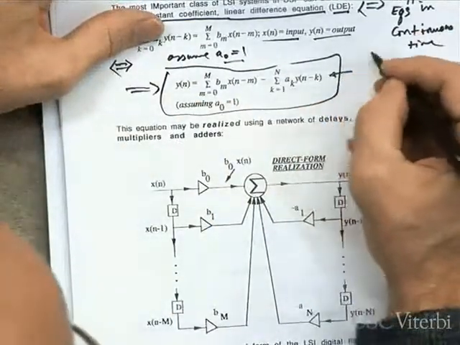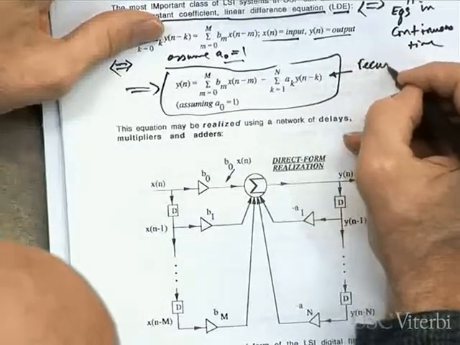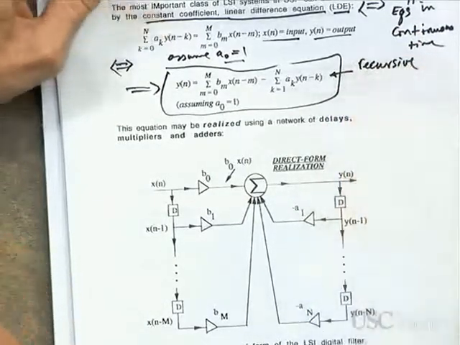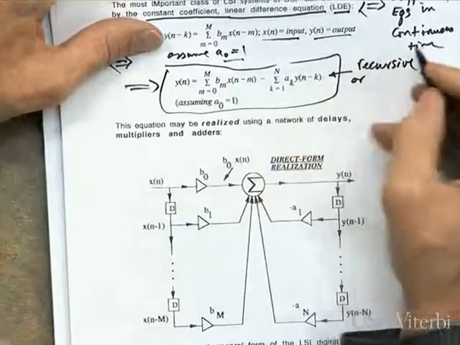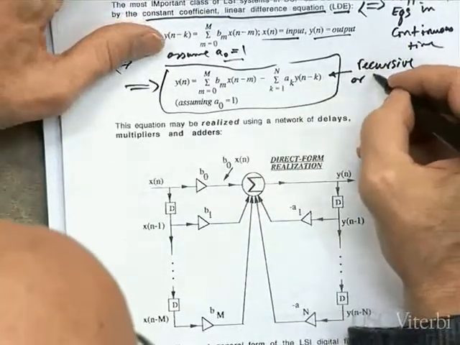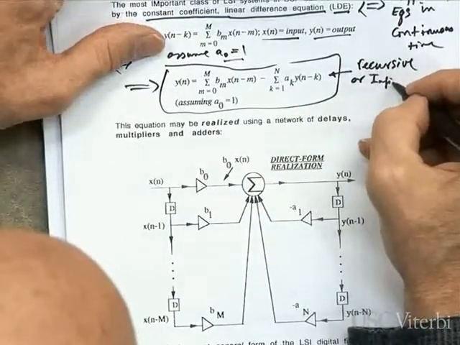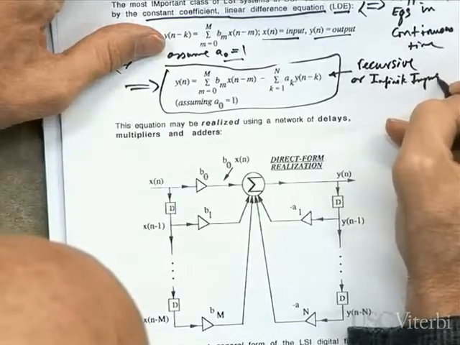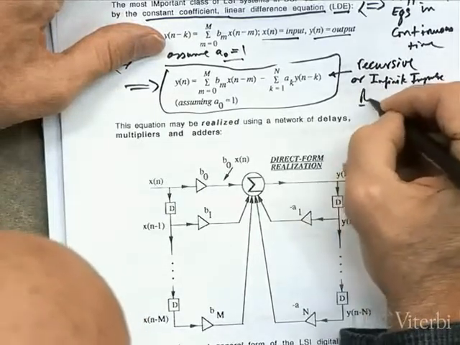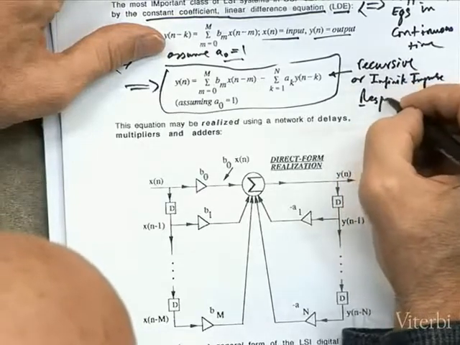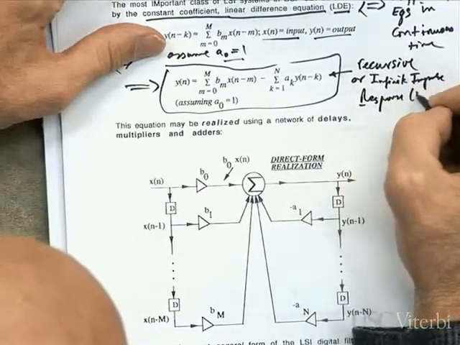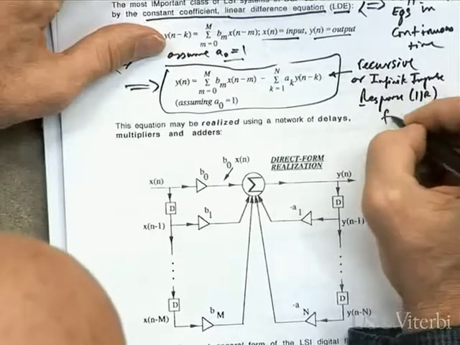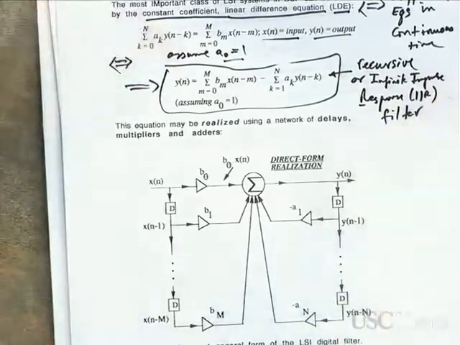Okay? This, my friends, defines a recursive form, or IIR, infinite impulse response filter. This is the most general form.